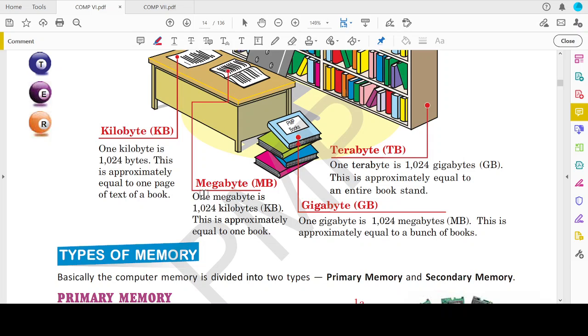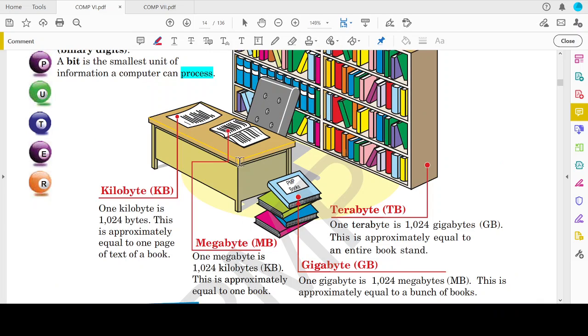When you can keep only one book in 1 MB, then 5 books of equal length, suppose 5 books having the same number of pages, in 5 MB you can keep 5 books. If the number of pages in the second book or the third book is more, then you will require more memory. So like that.